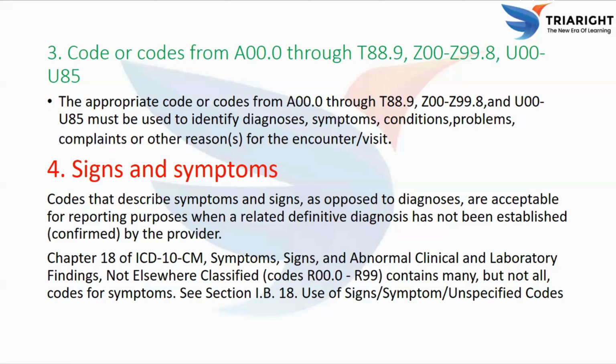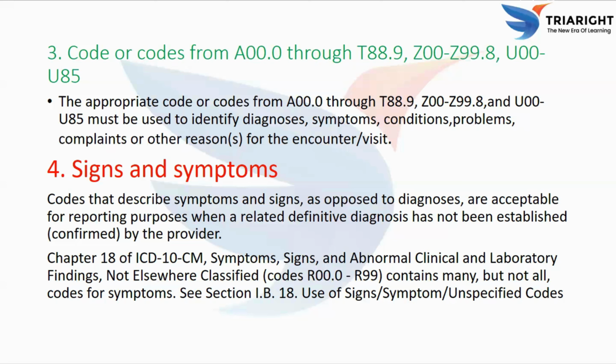So this is the fifth step, and the sixth step is only a small difference. The fifth one is an integral part, and the sixth one is not an integral part. Whenever a symptom or condition is not usually a part of the main disease, you should code it separately.